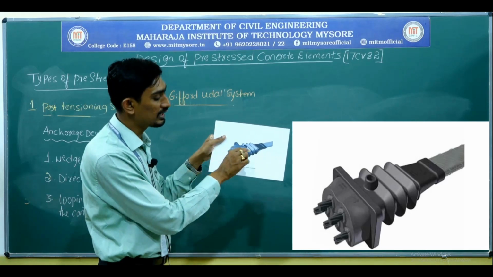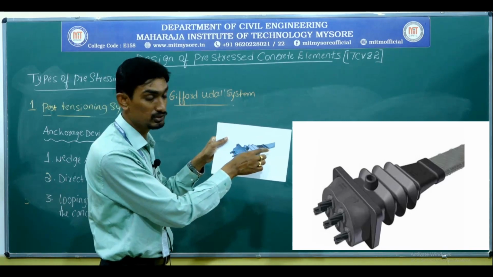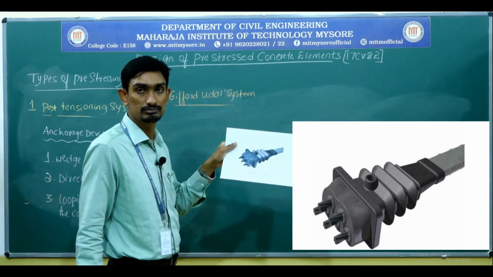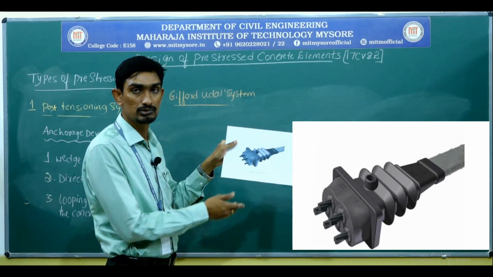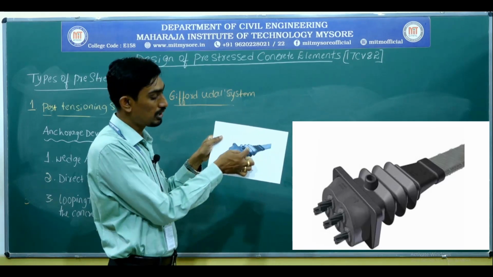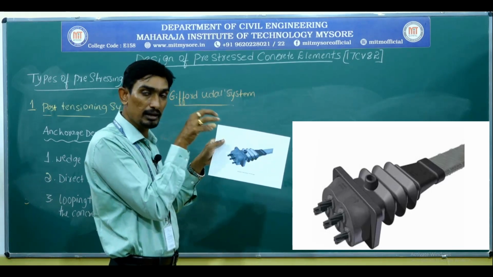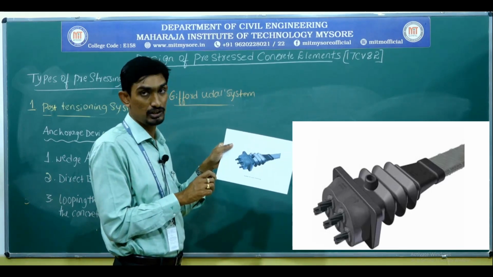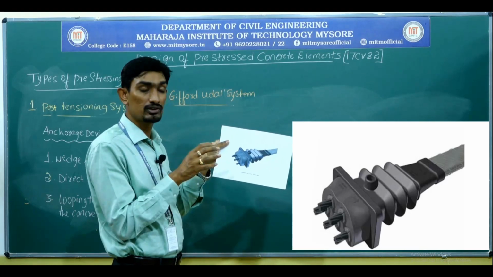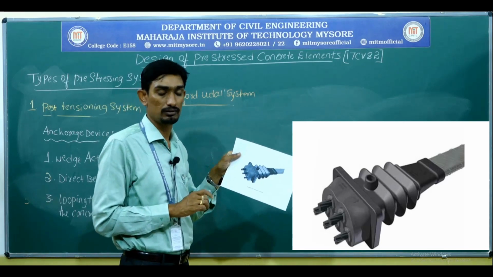The entire high tensile wire will be embedded inside the metal sheet. So this is the metal sheet. The entire wires will not be exposed. They will be embedded inside the metal sheet, so that you can place them firmly and embed them inside the concrete properly.